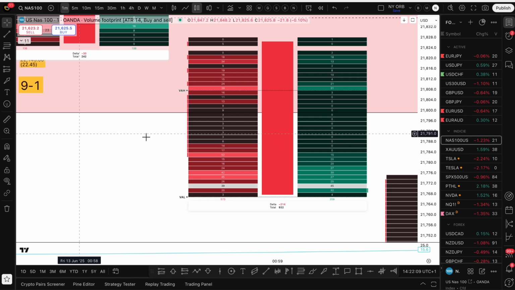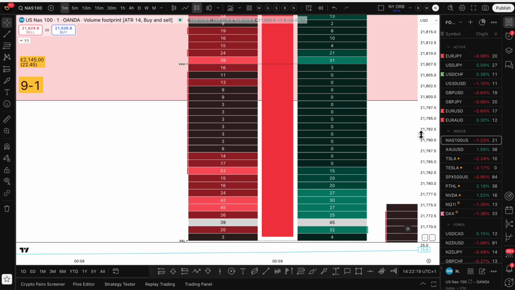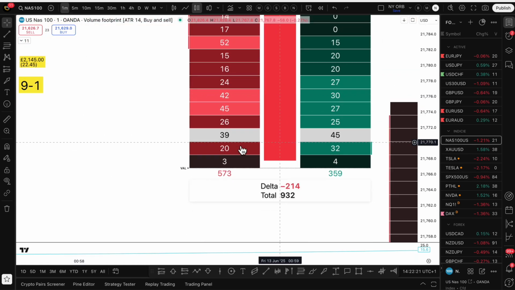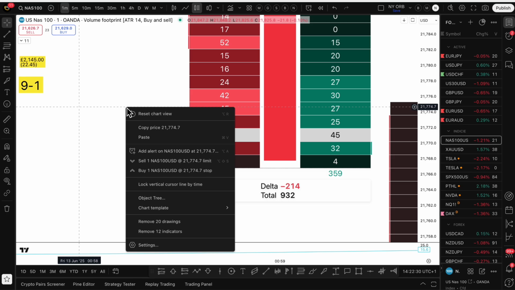I like to just see the delta, and the delta is basically the difference. It's very small this, so here you've got 20 sellers and you've got 32 buyers, so that gives you a positive delta of 12.